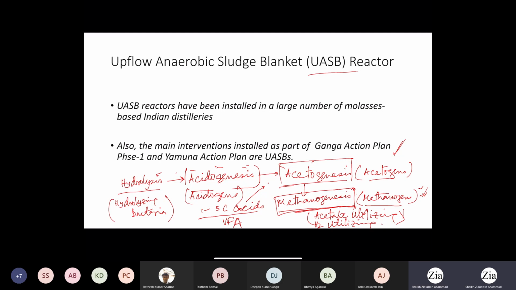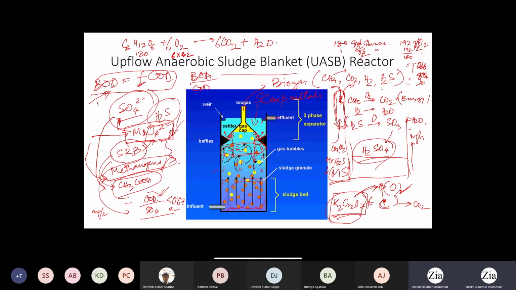And in the USB reactor, I mentioned that these granules are self-immobilized granules. Now, whenever you have starvation, the bacterial biofilm present in the granule will die, and then disintegration of the granule will start.